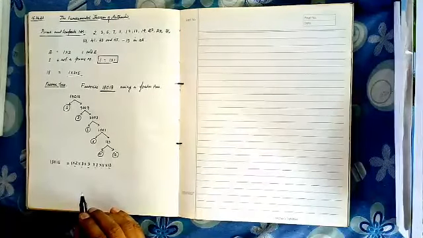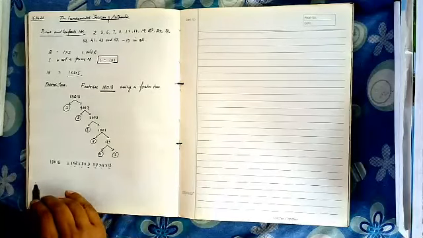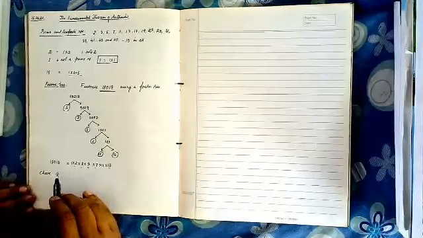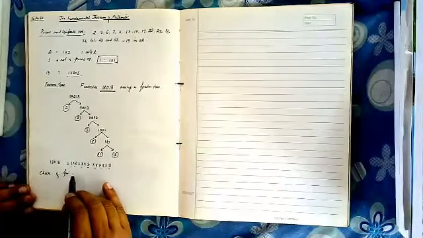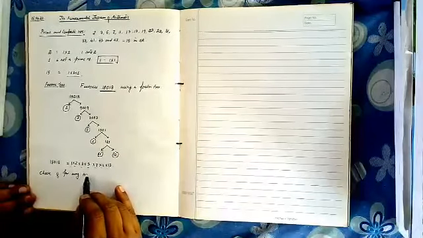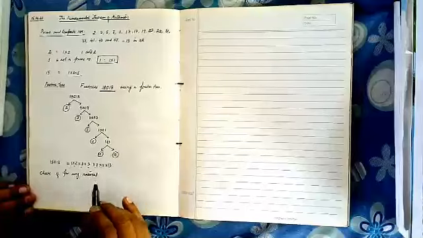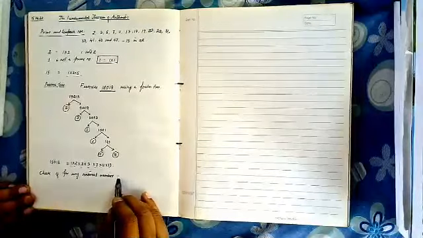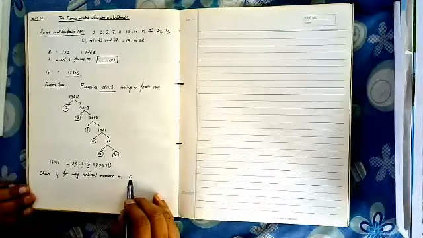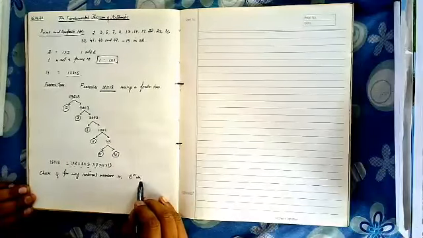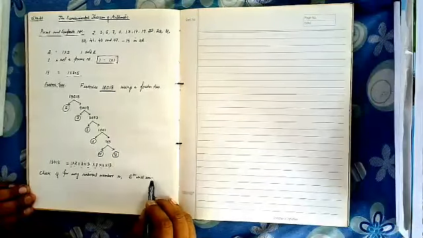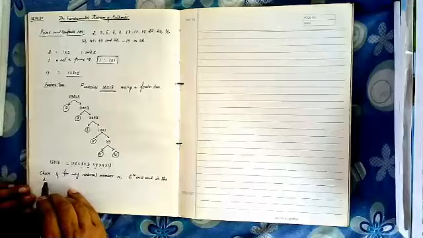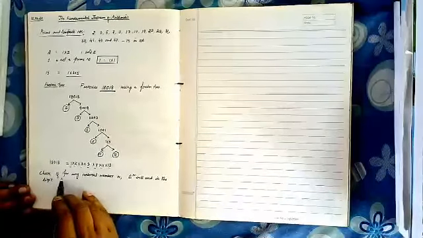For example, suppose you are asked to check if for any natural number n, 6 to the power n will end in the digit 0.